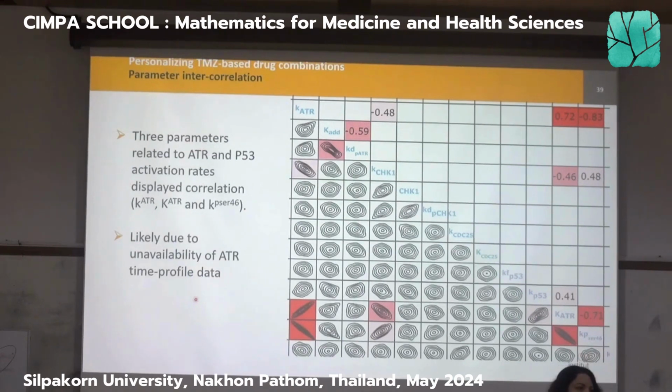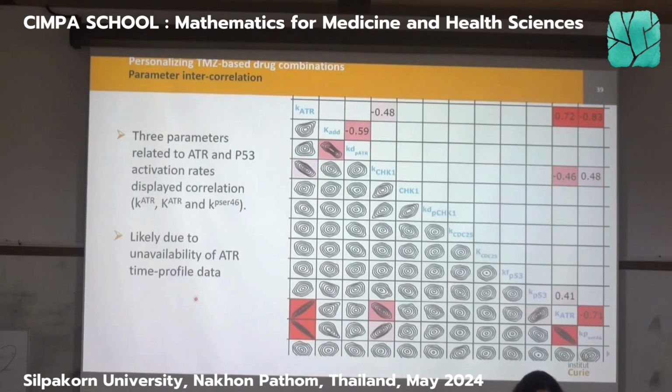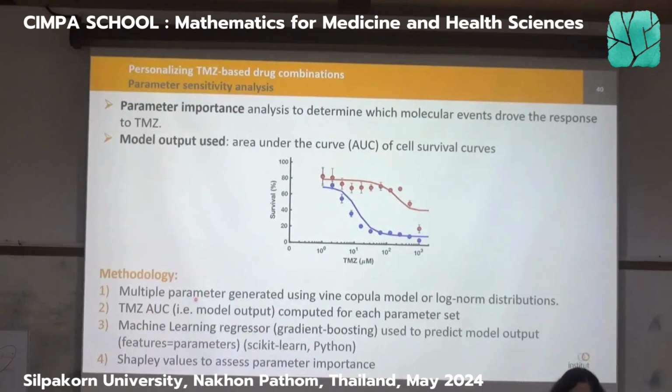And now what do you think we can do next? So now we have a mathematical model which is calculated. So the idea is to go for optimization of the drug combinations, okay?